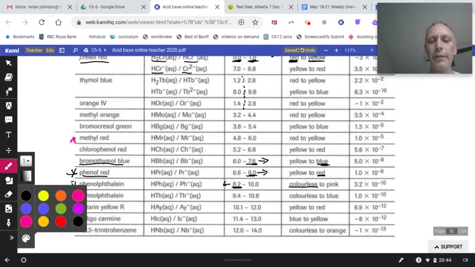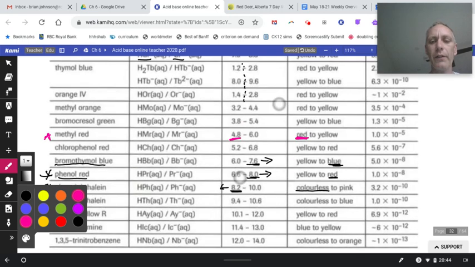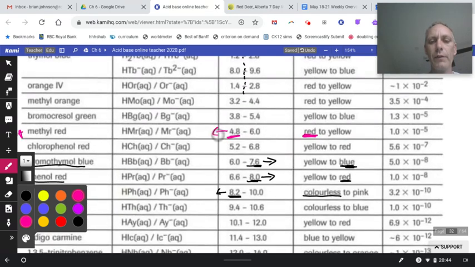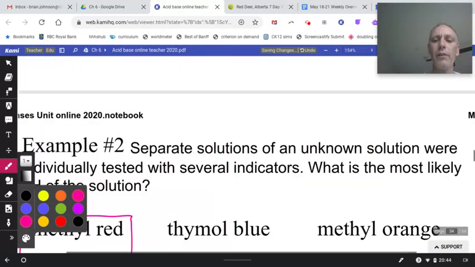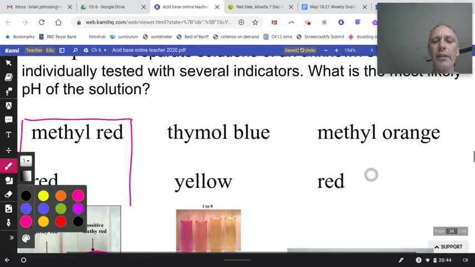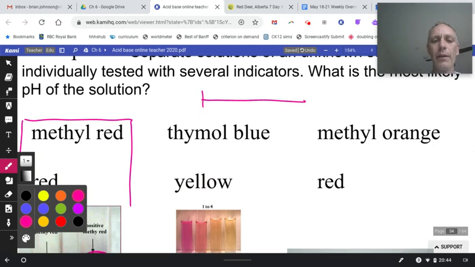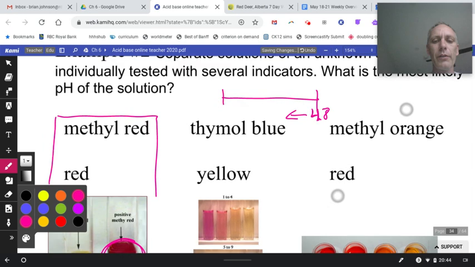It turned red, so that's the left side, which is 4.8 or less. So I'm going to do my little pH line here. On this side, 4.8 or less. That's what methyl red will do when it's red in color.